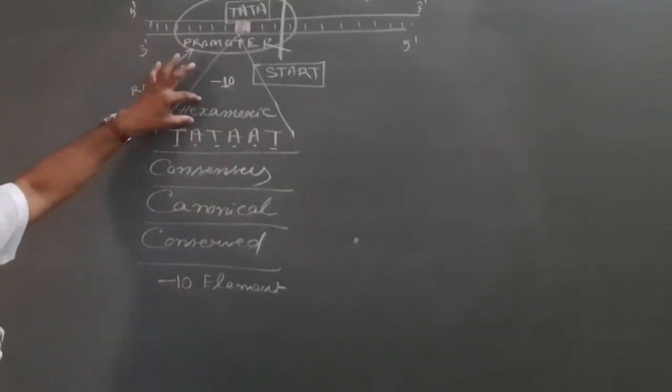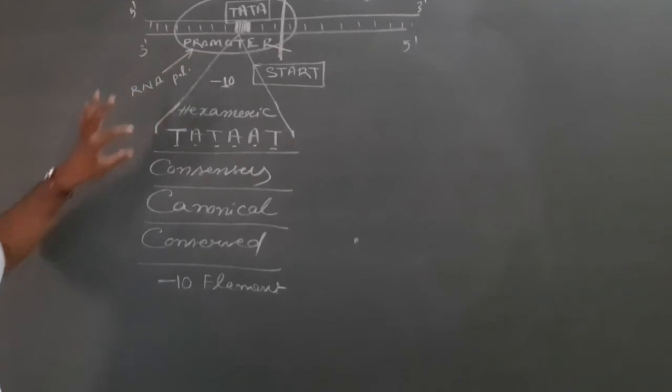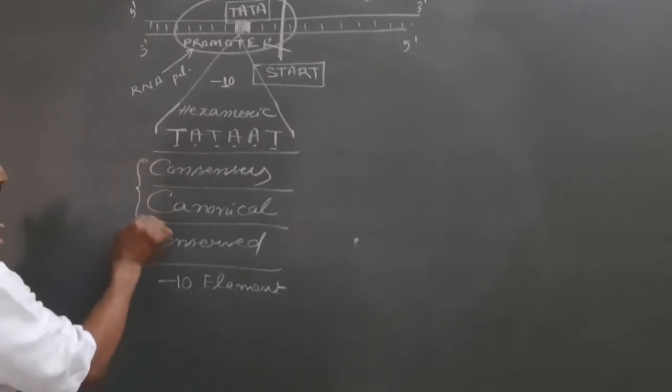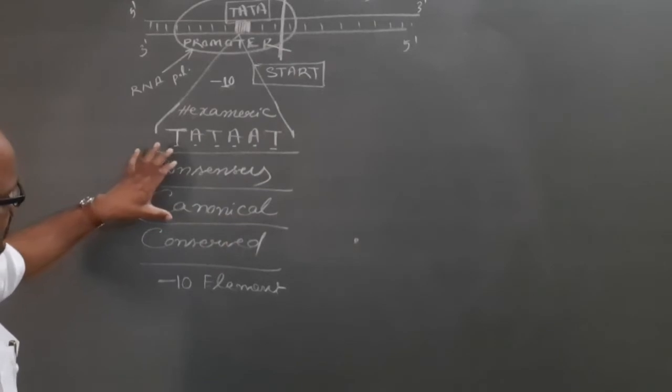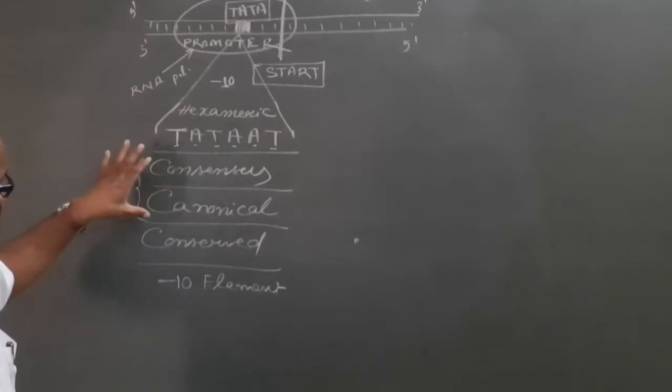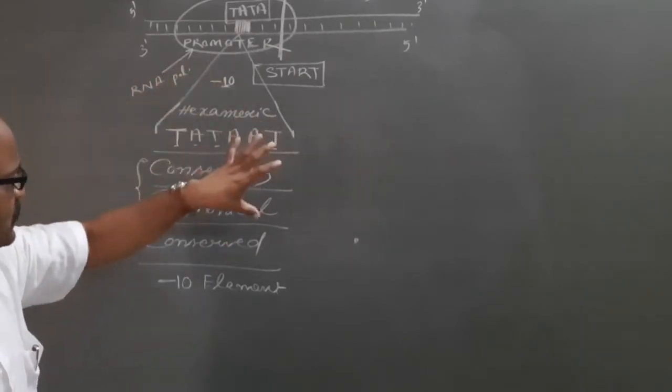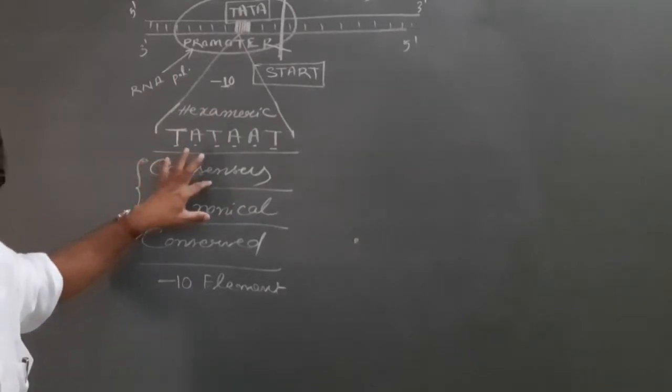So this hexameric region, this consensus sequence, is also known as the canonical sequence. What is the meaning of consensus?